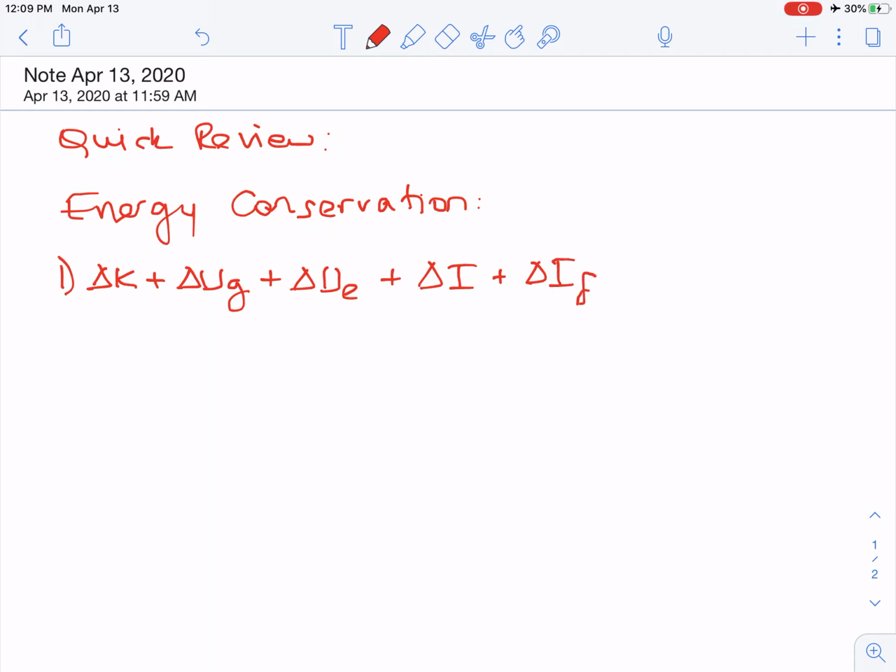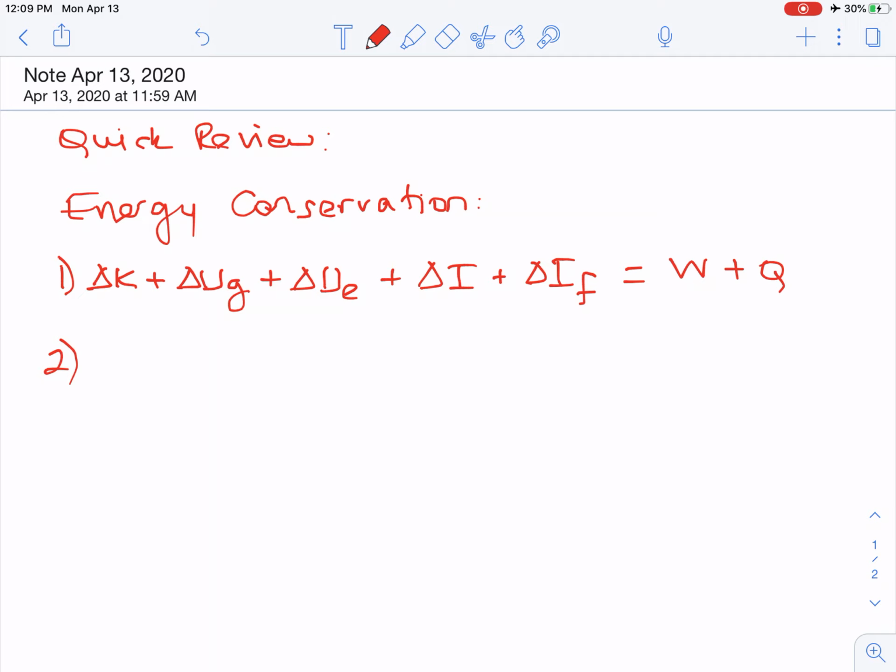I'm just gonna label it as delta I_F. And we said that that's equal to work added or taken away from the system plus heat. Okay, so you just write this equation.